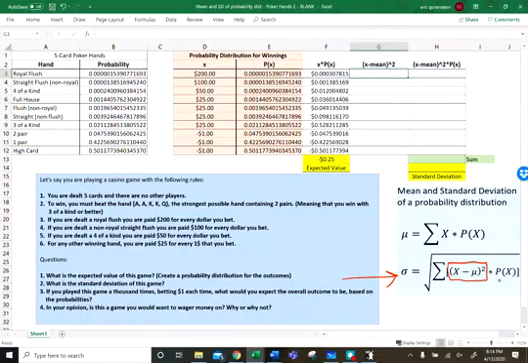And then we'll deal with the times p of x in the next column. But right now, just x minus the mean squared. Okay, so we need an equal sign. Don't forget the equal sign. We want the x value, in parentheses, x value minus the mean, close parentheses, raised to the second power.